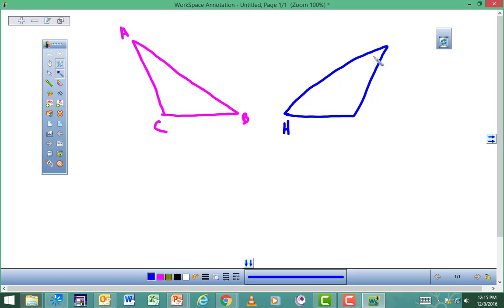H, R, D. And let's just say we're doing some of our stuff in our problem, and we determine that this side is congruent to this side, and we determine that this side is congruent to this side, and someone comes along and proves that this angle here is congruent to this angle.